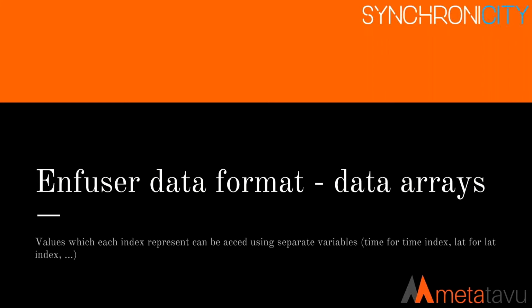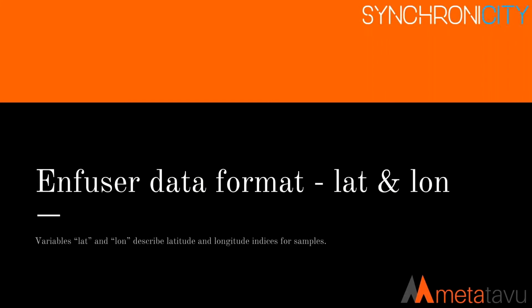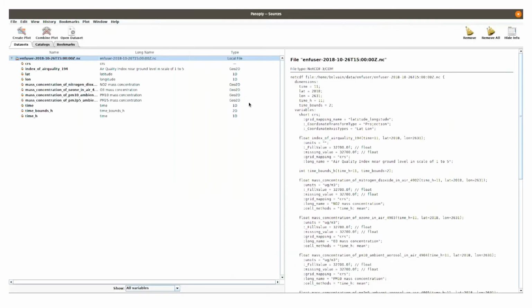We can also take a look at slide 10, that was the actual viewing in Panoply. So it maybe shows you a little bit better that we have the index of air quality, and where it is formed, this is a time, latitude, and longitude.